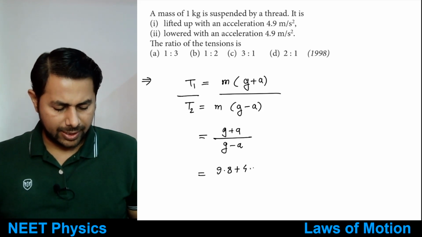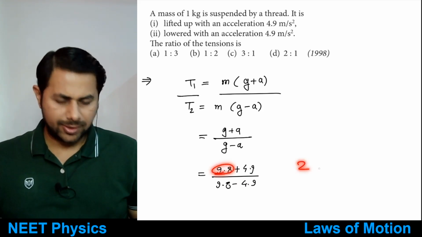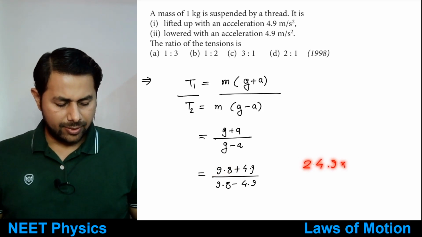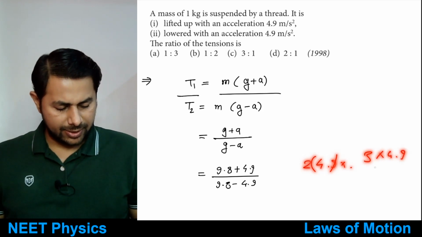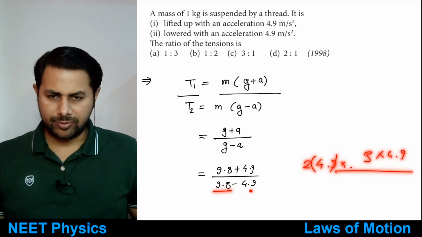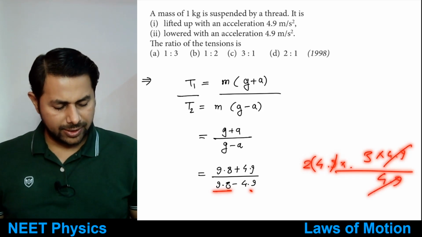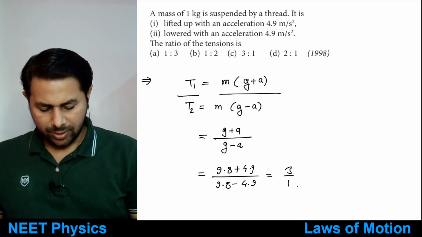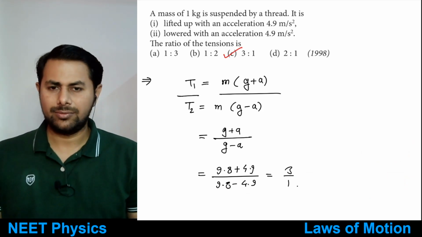So 9.8 plus 4.9 divided by 9.8 minus 4.9. 9.8 is twice 4.9, so it is 2 times 4.9. 2 times 4.9 plus 4.9 means 3 times 4.9, and in the denominator you have 2 minus 1 times 4.9, so that is 4.9 only. That gets cancelled, so it is 3:1. So the answer is 3:1, right?